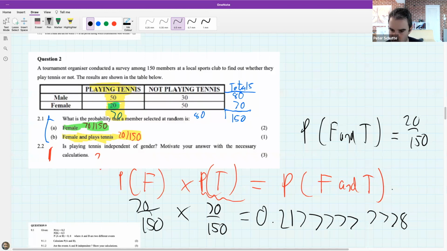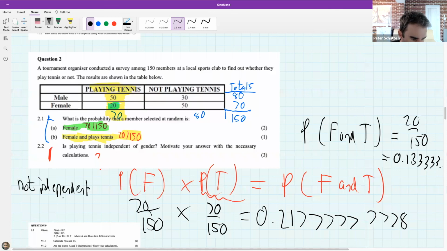And then for this bit, 20 out of 150, it's 0.13333 and so on. So you can clearly see that they are not independent because this is not equal to this.